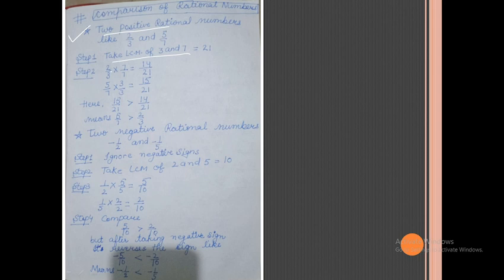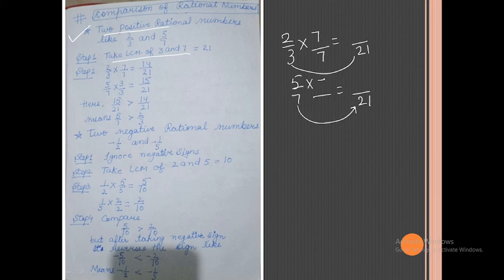Now in the second step, we write like this: 2 by 3, 5 by 7, put a multiply sign, then an equal sign, and take this LCM as the denominator. Now 21 divided by 3, we get 7, and write 7 by 7 here. 21 divided by 7, we get 3, and write 3 by 3.